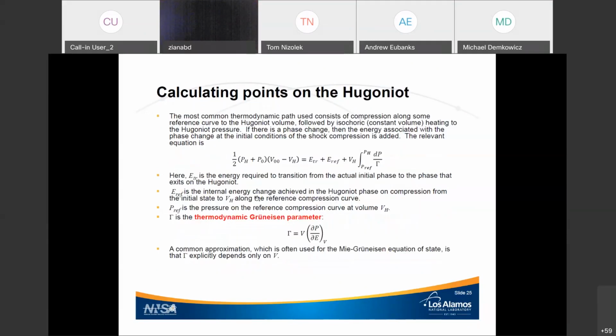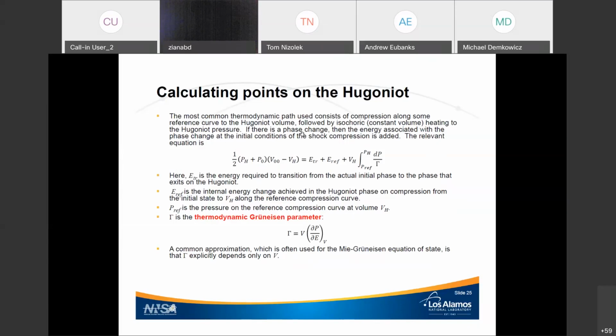The most common thermodynamic path that is used consists of compression along some reference curve to the volume that we are interested in on the Hugoniot. And then we follow that by a constant volume heating or energy increase to the pressure on the Hugoniot. And we're going to relate that to the internal energy change achieved in the shockwave by going up the Rayleigh line.